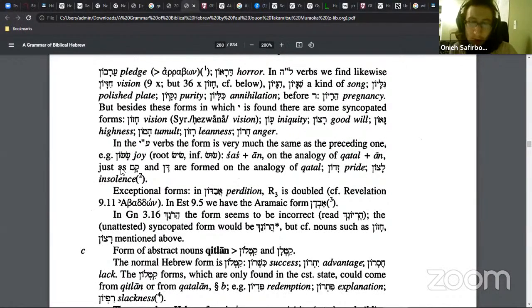Abaddon, you know, that's total destruction. That's referenced in Revelation, Abaddon.